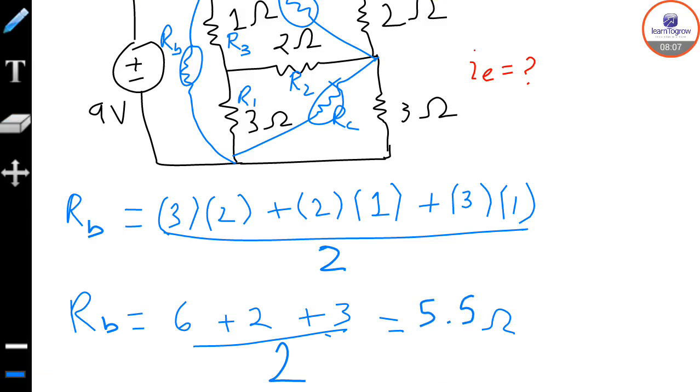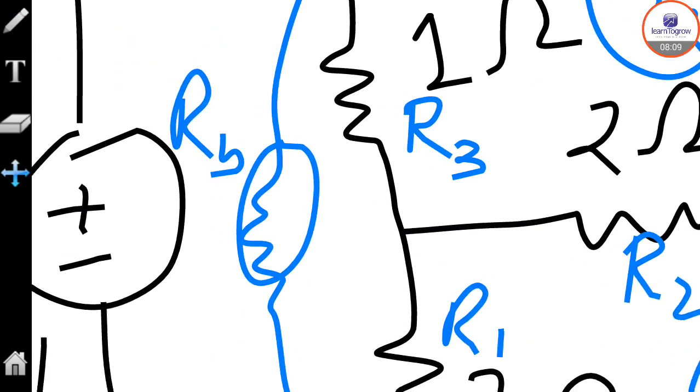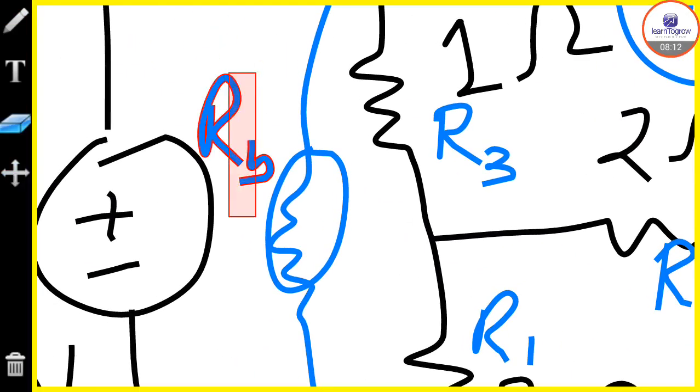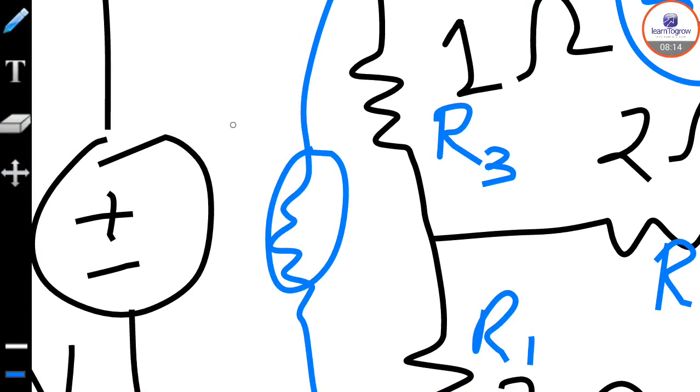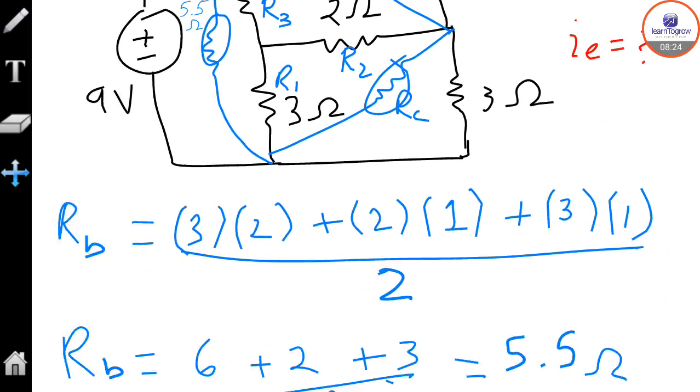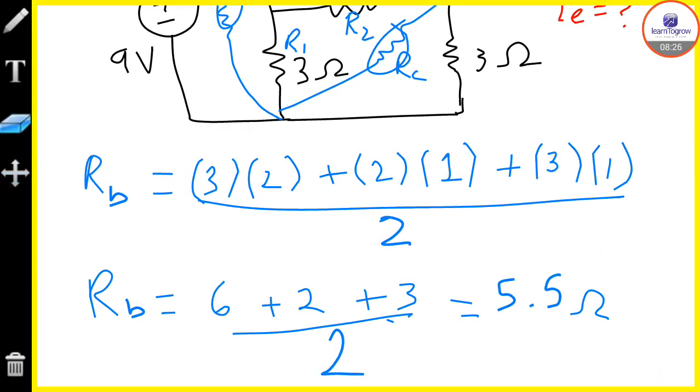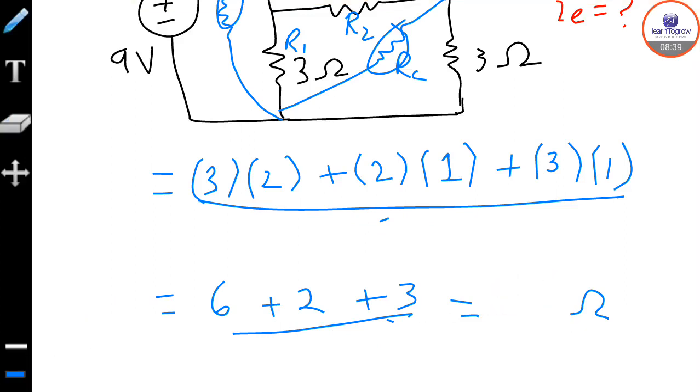Okay, here RB is 5.5, so we will change it with the value 5.5. Okay, simple, 5.5 ohm. Now we will do the same with RC. The numerator will remain the same and the denominator will change.